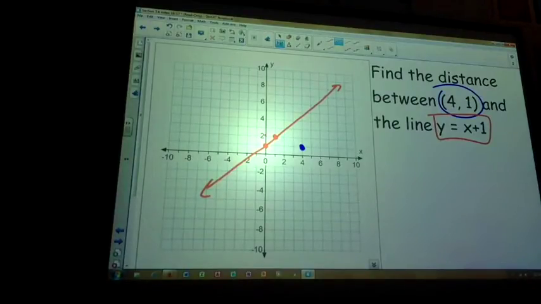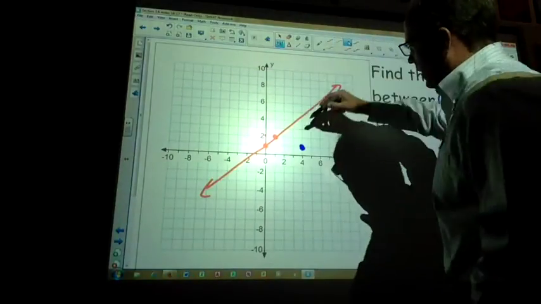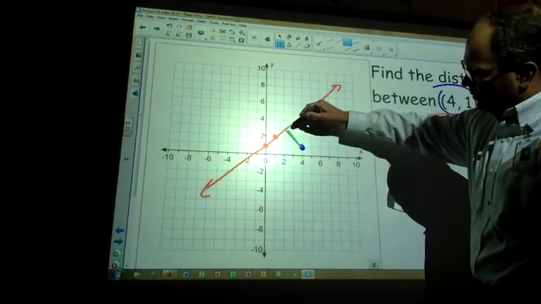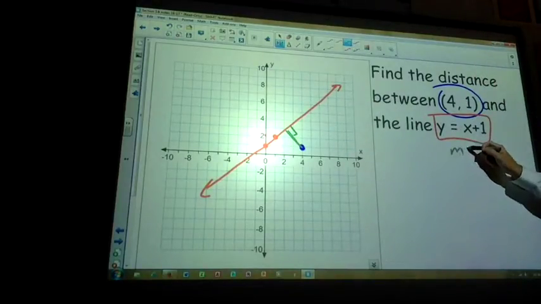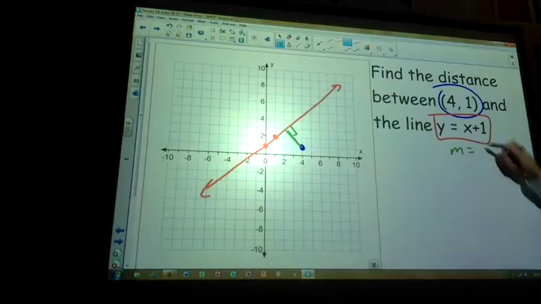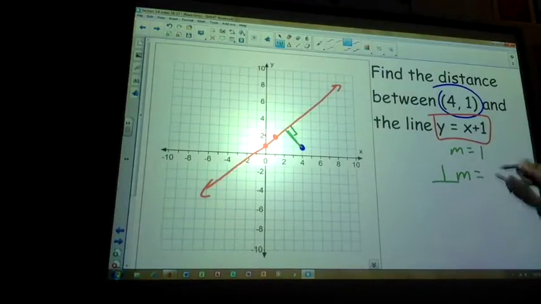Okay? So we wanted to find the distance. So the shortest distance is indeed perpendicular. Agree? So what is the slope of this line? 1. What is the perpendicular slope going to be? -1/1, which is just -1, correct?